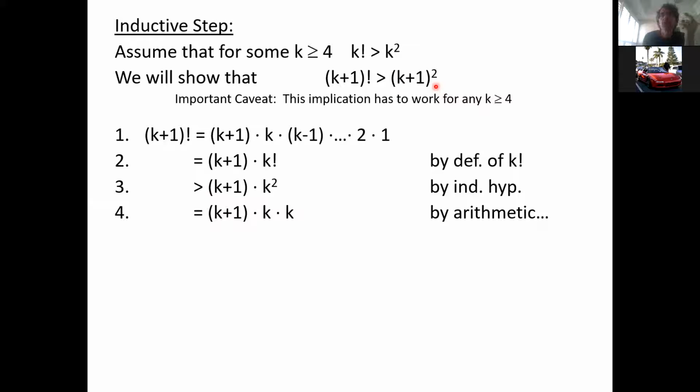And now if you see what is k plus 1 times k squared, how can you show this? In many ways you can show that this is greater or equal to that. For example, if you show that k squared is at least k plus 1, then this would be greater or equal to k plus 1 squared, right? And k squared is greater or equal to k plus 1 for k from here, right?